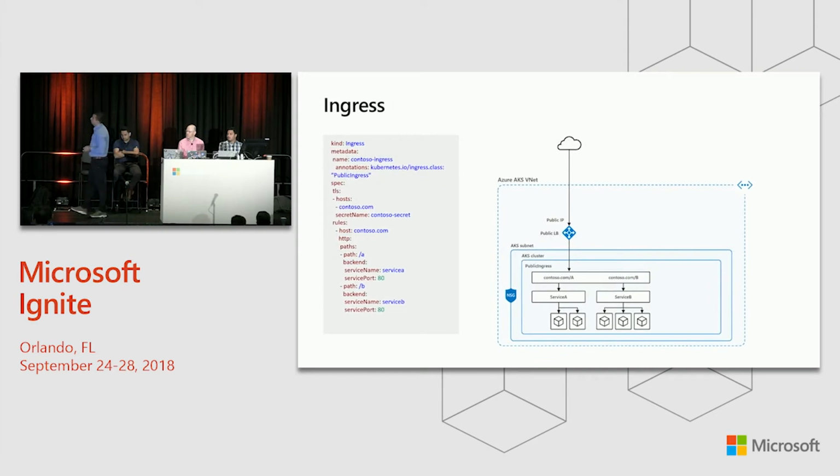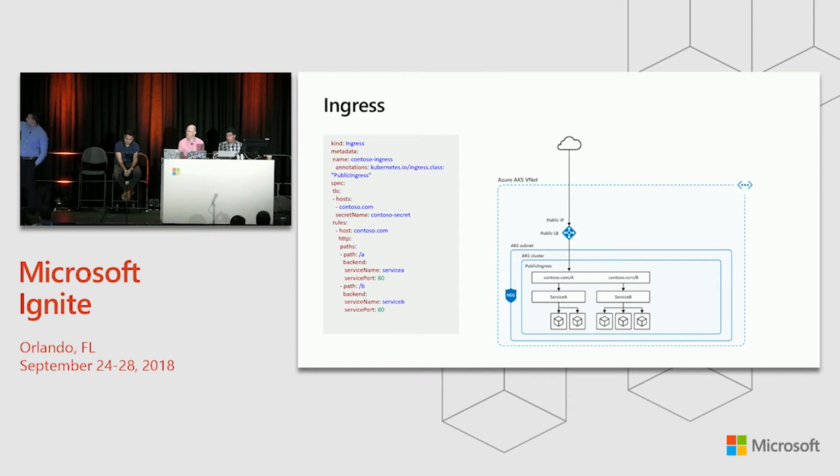So I have an example of ingress here. I have a domain, contoso.com. This domain needs to have SSL termination. And I have two services in this domain, /A and /B. If I'm hitting /A, I need to move to the A service. And if I'm hitting /B, I need to move to the B service.